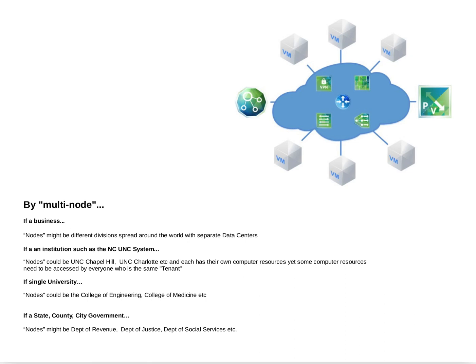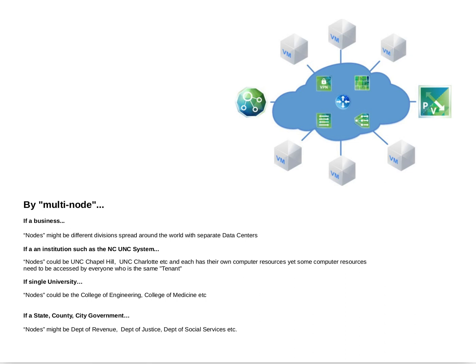Those nodes may be the University of North Carolina at Chapel Hill, the University of North Carolina at Charlotte, etc. Each of those colleges, universities, could have their own computer resources, yet some of those computer resources may need to be accessed by everyone or by more than one entity.